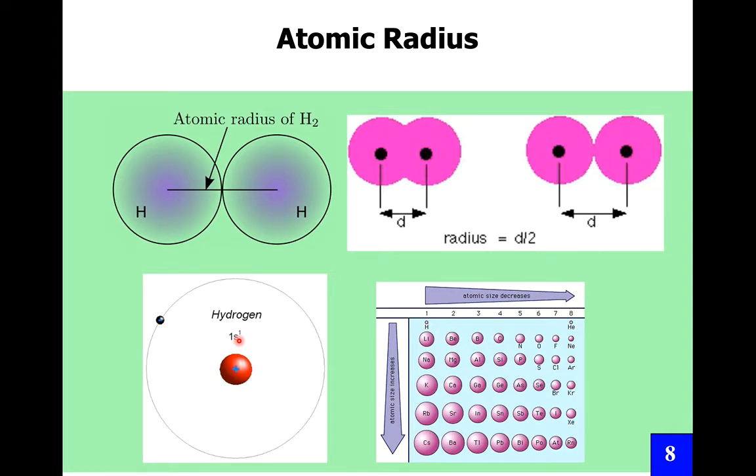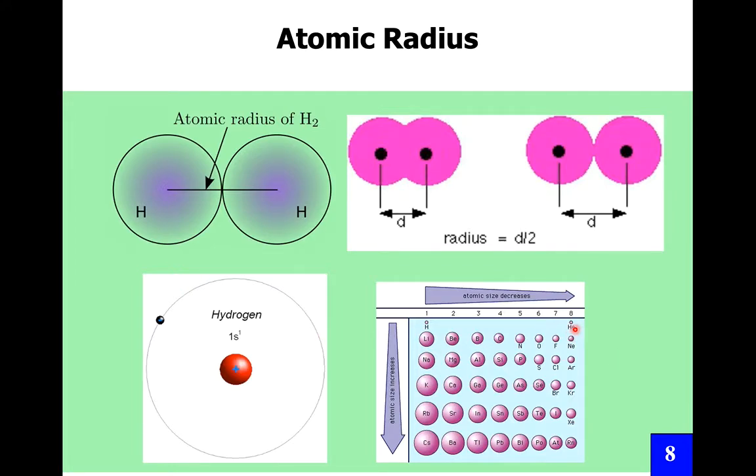Well, the first obvious thing that this affects is the atomic radius, or the atomic size. We can think about the size of an atom as being from the center of the nucleus to the furthermost, the outermost electron. And as this effective nuclear charge changes, how far away that electron can be is affected.